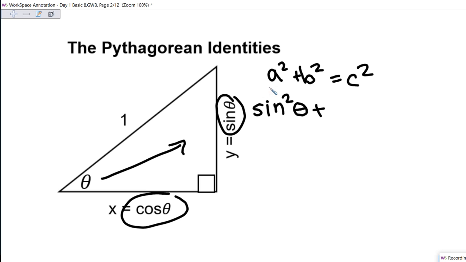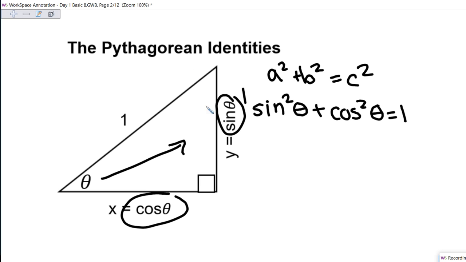So I need to take cosine of theta and square it. So right now I have sine squared of theta plus cosine squared of theta is equal to the hypotenuse squared. And what is the hypotenuse on that right triangle? 1, and 1 squared is 1.